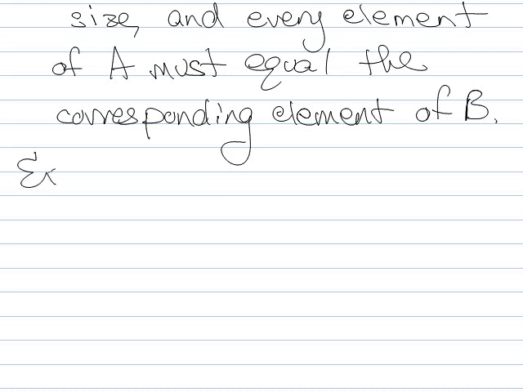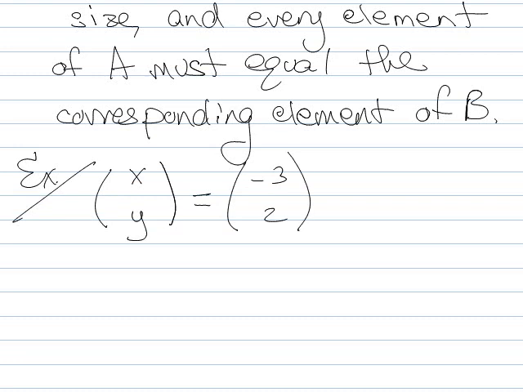So if I have something like this, if I say that x, y equals -3 and 2, and I ask, what is x and y? Do you think you could probably figure that out even if you've never seen this lecture before?